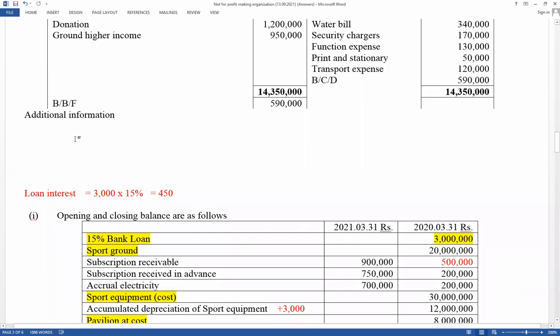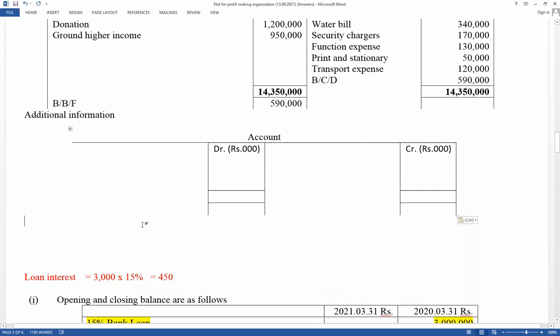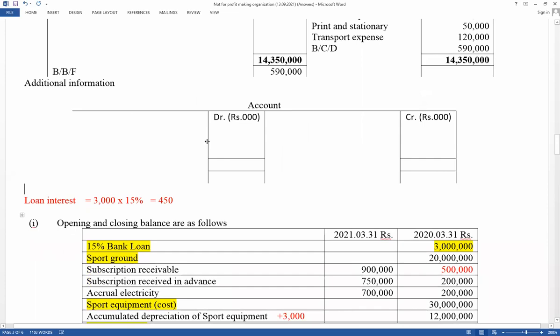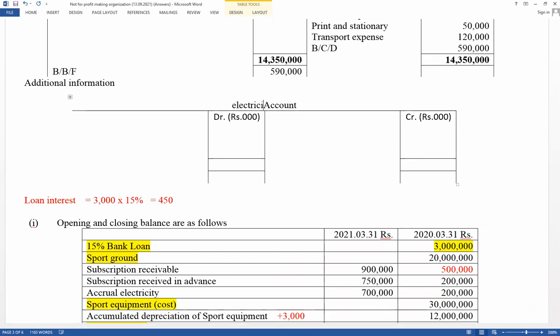Take the opening and closing balances. You have to prepare the electricity expense accounts. No need to prepare an accrual electricity account. Accrual electricity can also be recorded through the expense accounts.